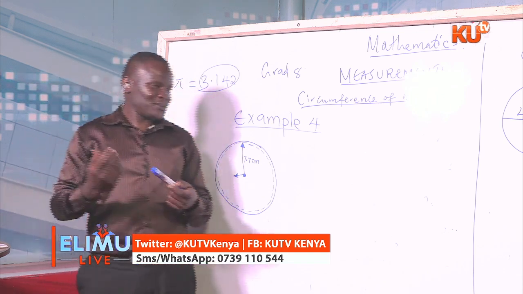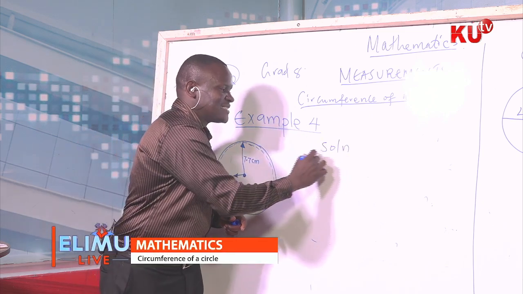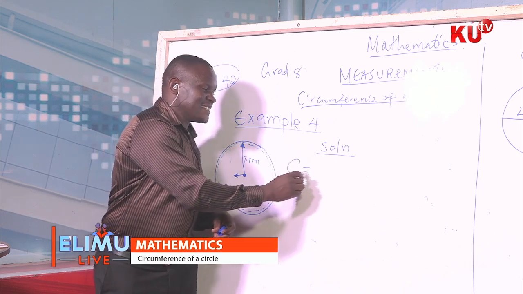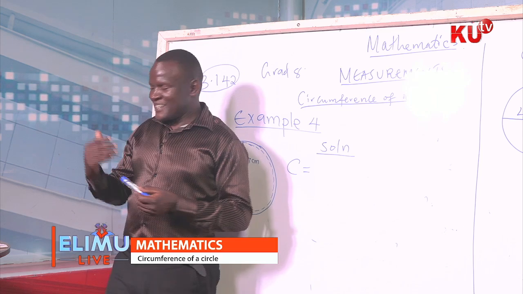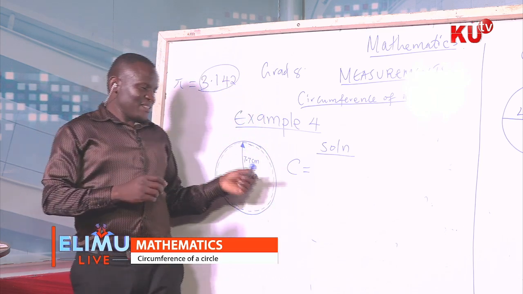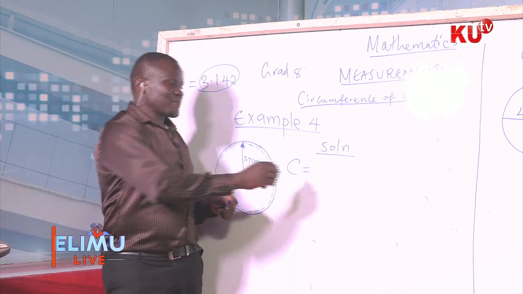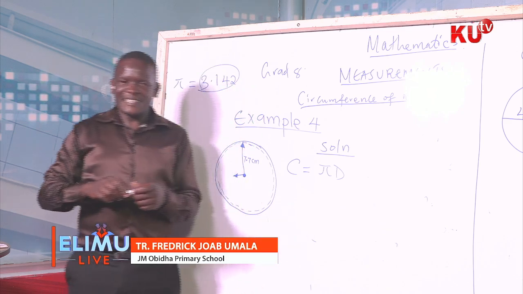What are they asking us to get? They are asking us to find the circumference, in other words. Because earlier on, I said that circumference is the distance around the curved part, or the distance around a circle. Our formula for finding the circumference of a circle is pi d.